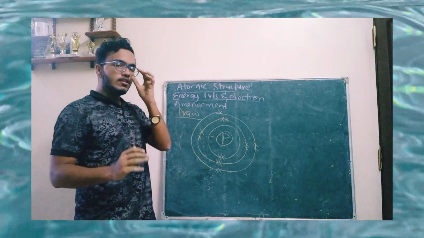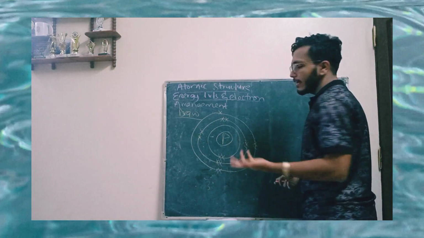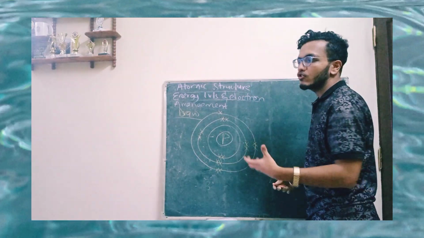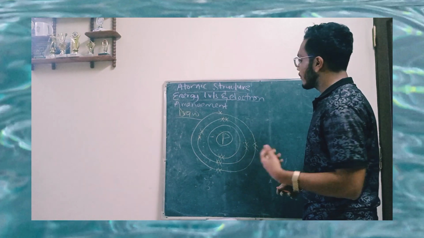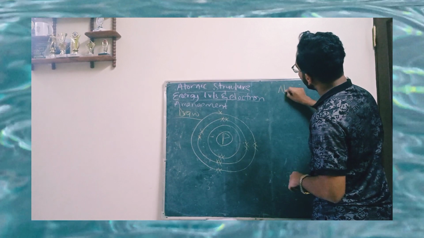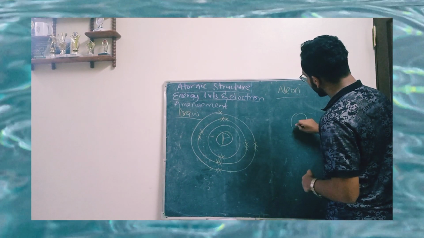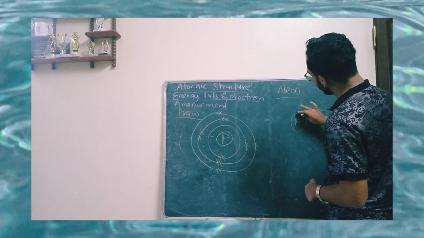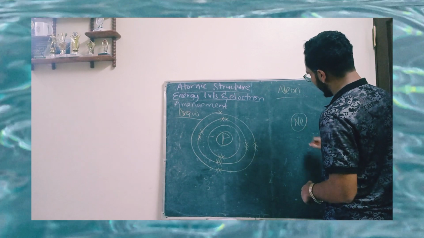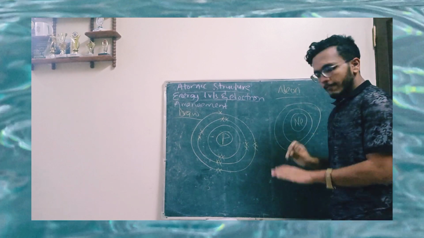Now you can be told to draw an atom with only 2 energy levels, with electrons less than 10. Let's say you are told to draw the electron arrangement of neon. Neon is number 10. You will draw the nucleus and write Ne in between. Ne represents neon. Draw the first energy level and the second energy level. Full stop.